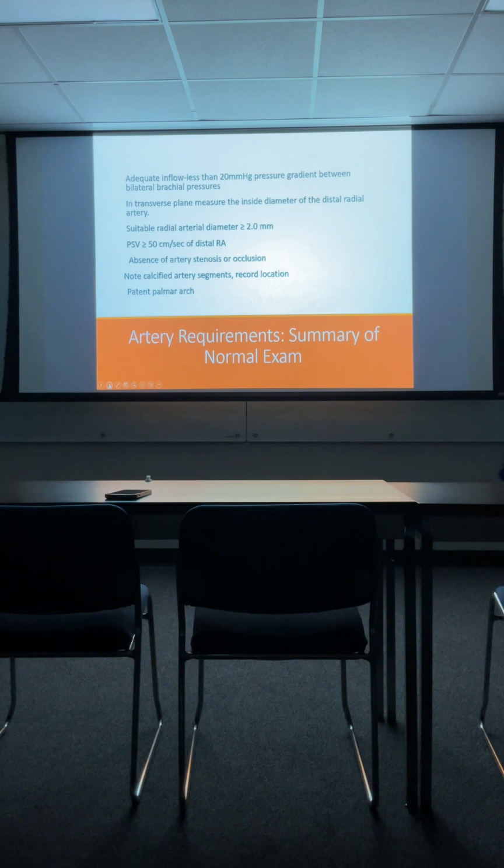So, in summary, for a normal exam, the arterial requirements: the gradient between the brachials needs to be less than 20 millimeters of mercury to rule out subclavian steal. The arterial lumen needs to be greater than or equal to 2.0 millimeters.